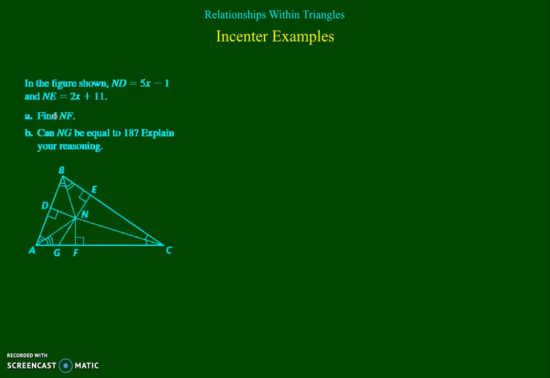So let's go ahead and find that value. Knowing again that ND and NE are exactly the same because that's the incenter, we'll use that to form an equation. So 5x minus 1 equals 2x plus 11. Let's subtract our 2x. 3x minus 1 equals 11. Add the 1. 3x equals 12.